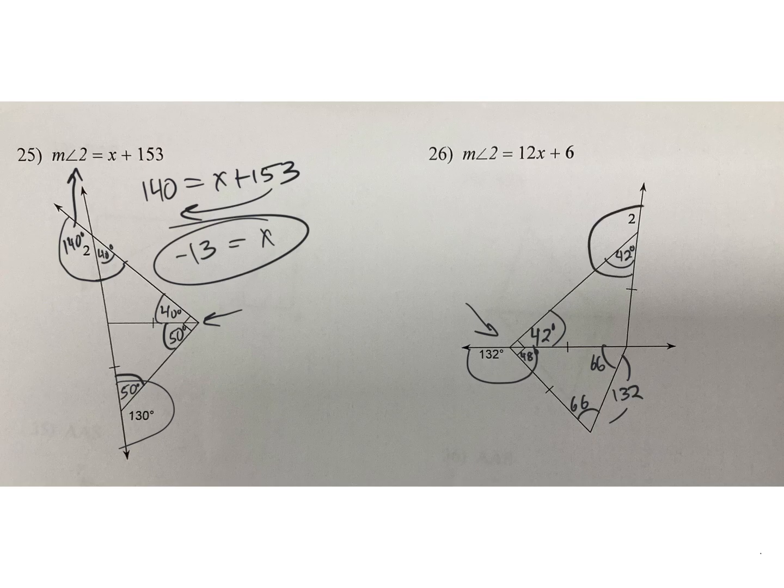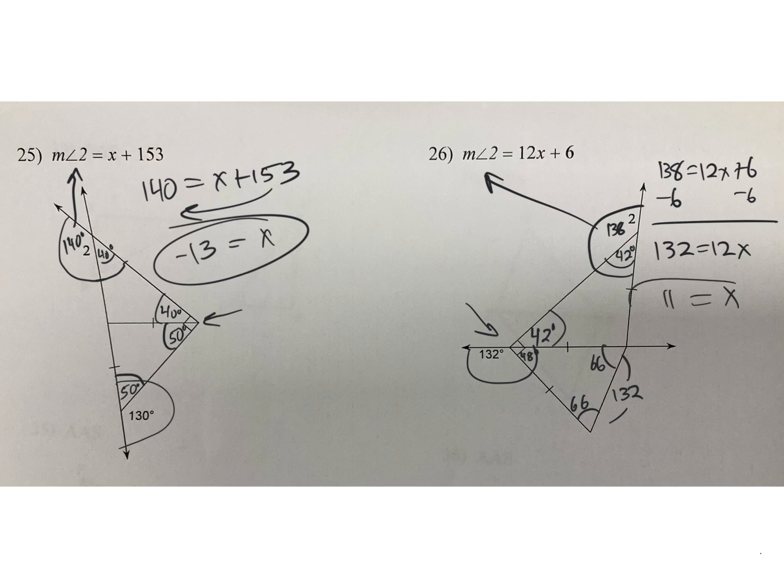So 180 minus 42 gives you 138 for angle 2. Put it in your equation and solve for x. Divide by 12. What's 132 divided by 12? 11. Those of you who know your 11s and 12s times tables. 11. Okay?